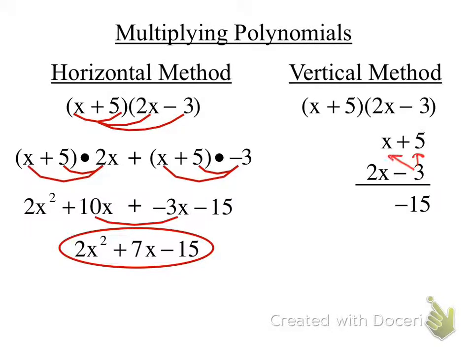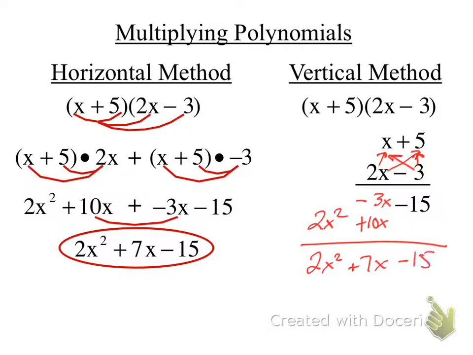And negative 3 times x is what? 2x times 5 is positive 10x. And 2x times x is 2x squared. And see how I line them up? Then I get 2x squared plus 7x minus 15. So vertical method, double distributing.